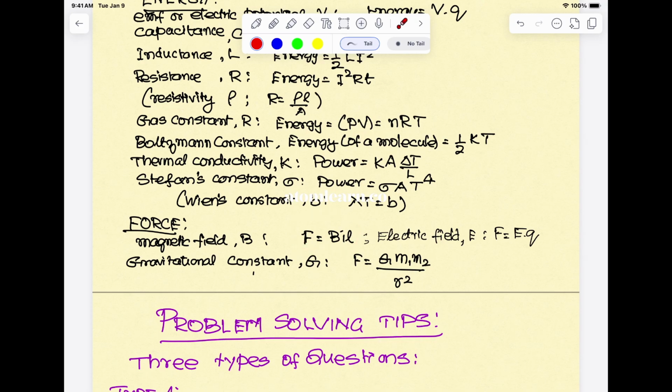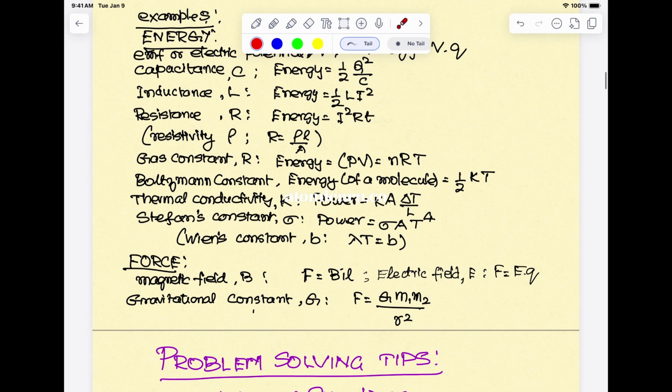The force formula is BIL. Force you know very well, the current is very basic, and L is very basic. Therefore, you can easily derive the dimension of the magnetic field B using this force, because there is no other easy way.